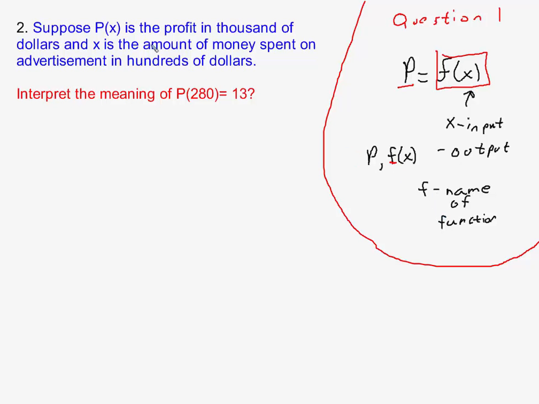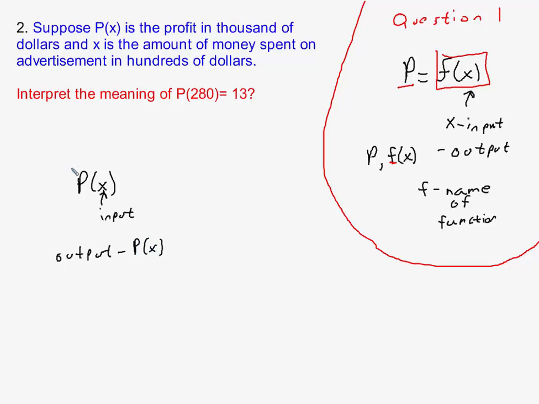So notice the difference in this problem. This time we're defining the function just to be p of x. So it turns out that in both cases, x is the input, and in both cases, x represents the amount of money spent on advertisement in hundreds of dollars. The difference, however, is that you only have one definition of the output variable here, and that would be p of x.